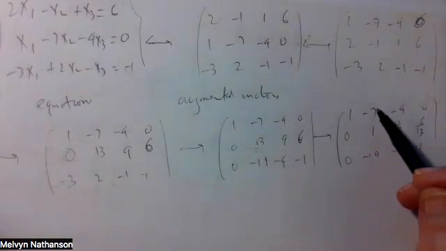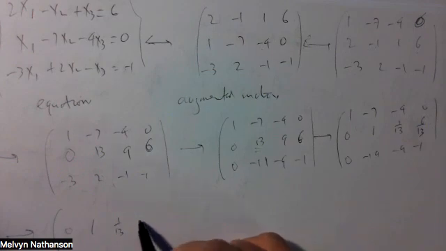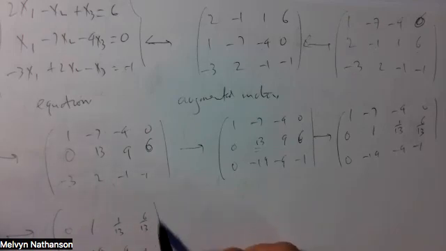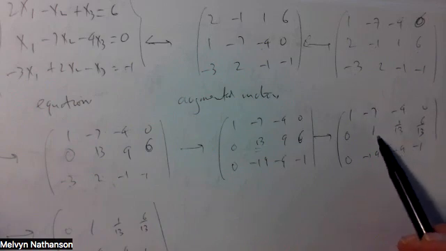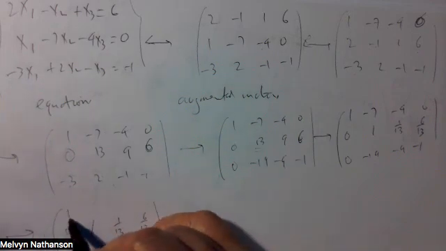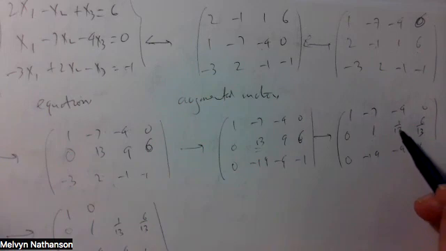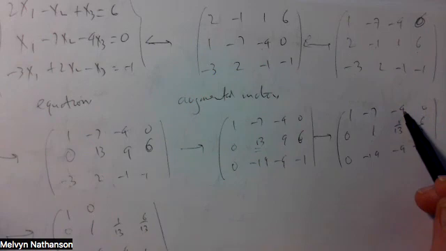Then I want to get a 0 here. So the second row I'm not changing now, and the third row I'm not changing now. But to get a 0 here, I add 7 times the second row to the first row. So 0 plus 0 is 0. 1 minus 1 is 0. That's what I want. 7 over 13 minus 4 is 7 minus 52 over 13.